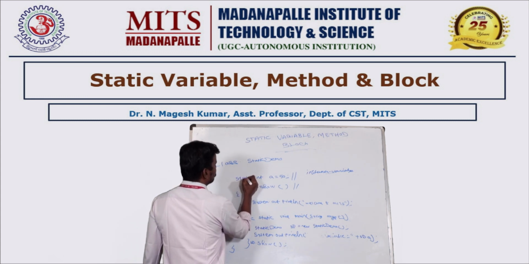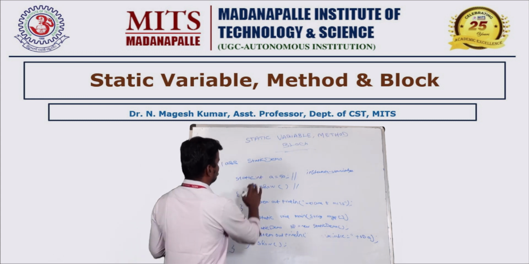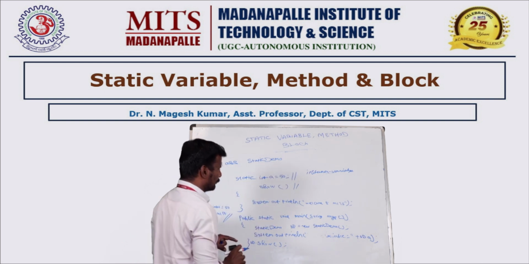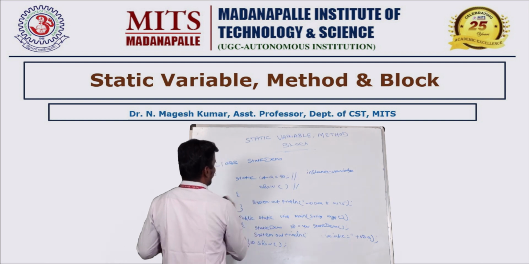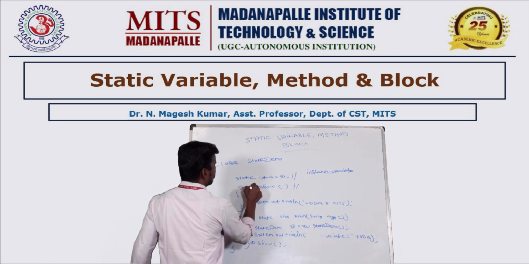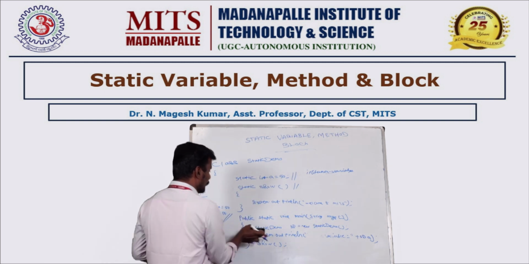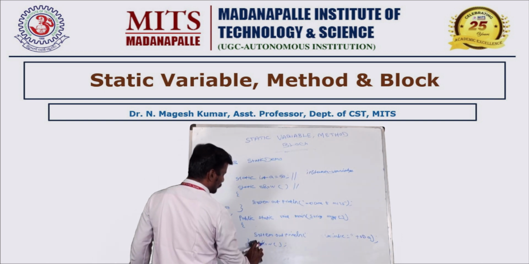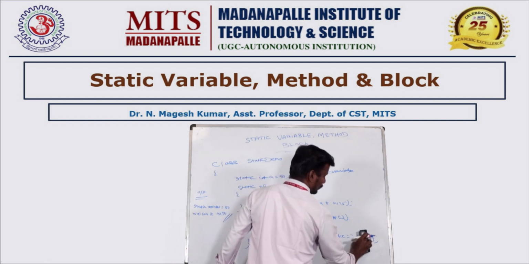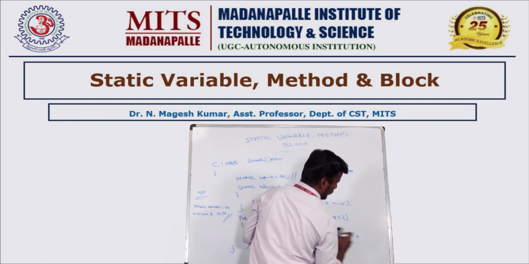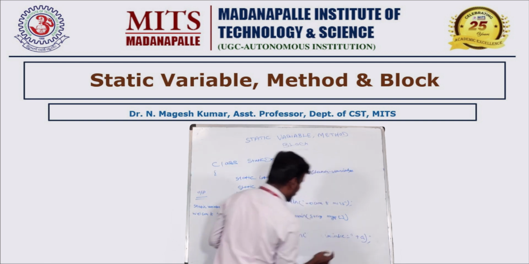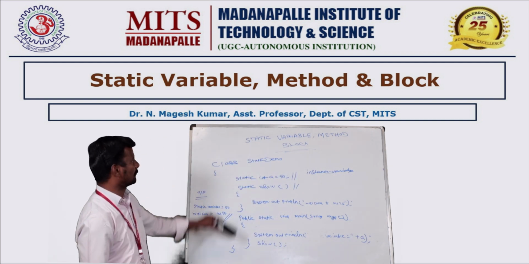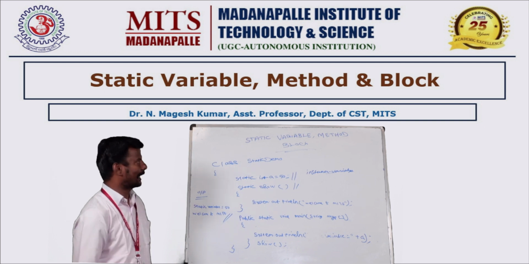Now static int a is equal to 15, and static show. Coming to our previous example, we remove the object and directly access the static variable and invoke the method. These are simple examples for the static variable and the static method.